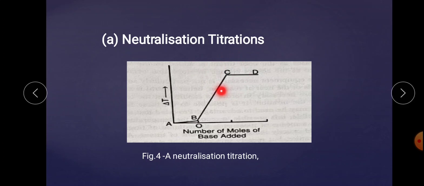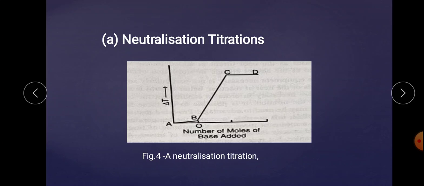At point C, if we have added 10 ml of base, then at that point the maximum delta T is observed, and this point C is considered the end point. At C, the titration is complete, and thus the end point is reached.